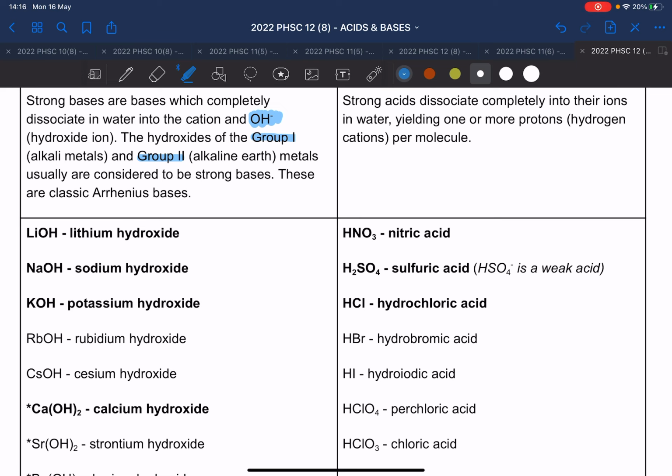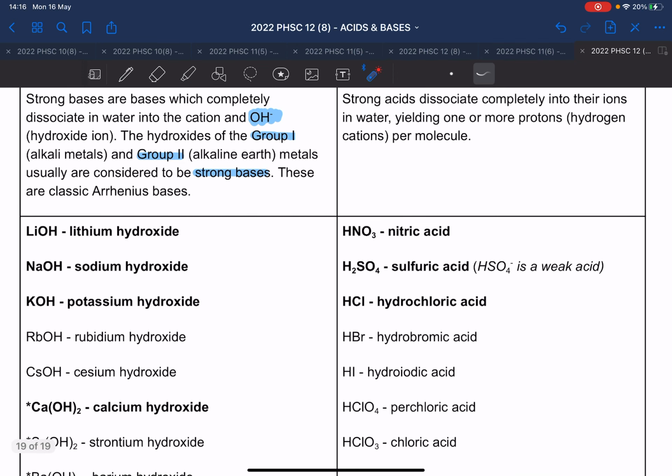Okay, you know where group 1 and group 2 are on the periodic table. If you have an OH bonded to either group 1 or group 2, then it's considered a strong base. We call them Arrhenius bases, and we're going to discuss what Arrhenius means a bit later. So if you see any group 1 or group 2 element bonded to OH, you must think strong base.